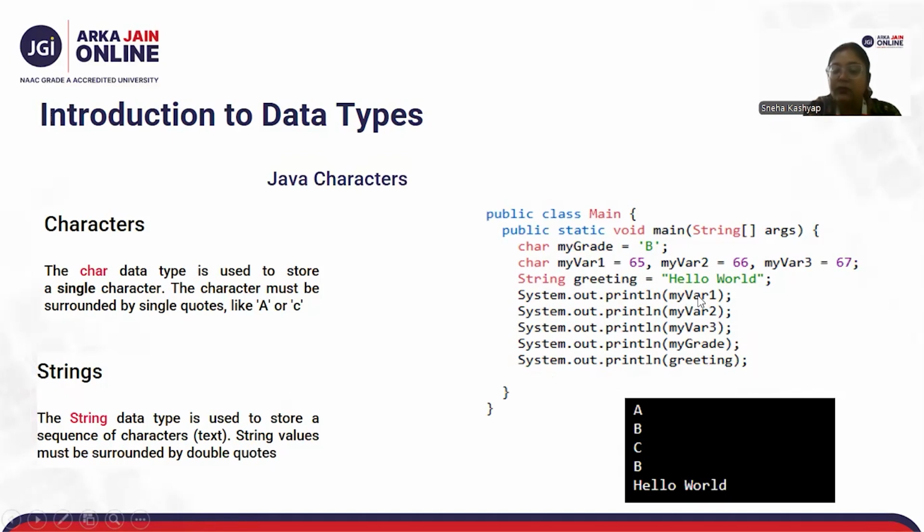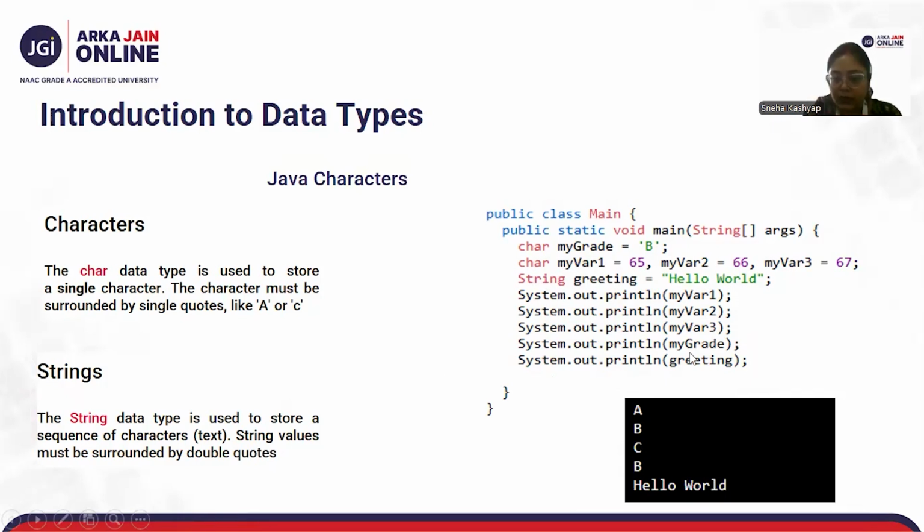Since my variable 1 is assigned the value 65 and it was of type character, it will fetch its ASCII code. For 65 it's A, so it has printed A. Next is variable 2, so it has printed B. For variable 3 it has printed C.